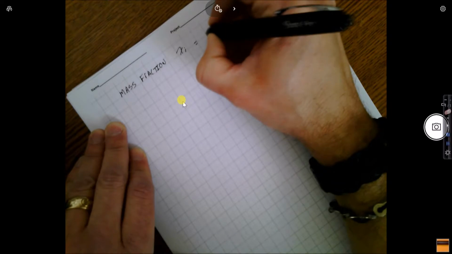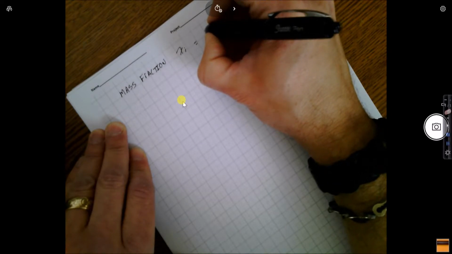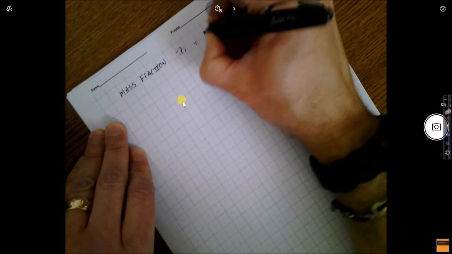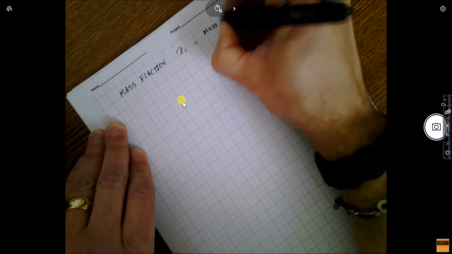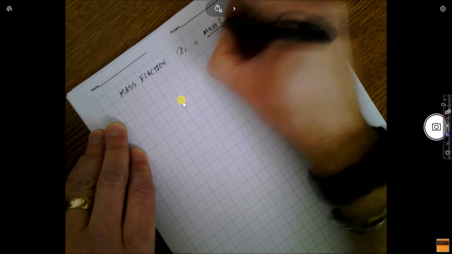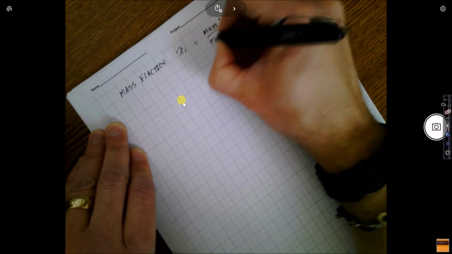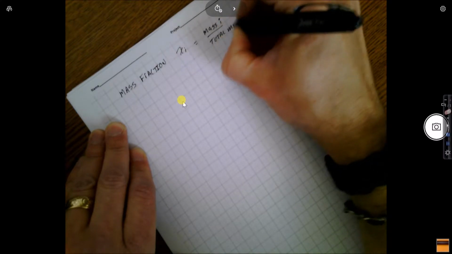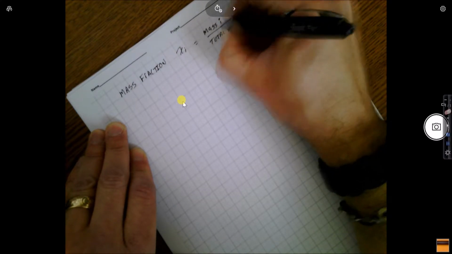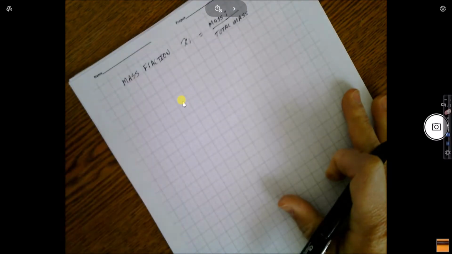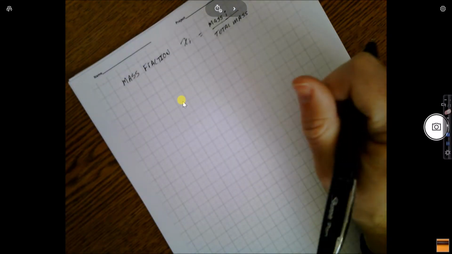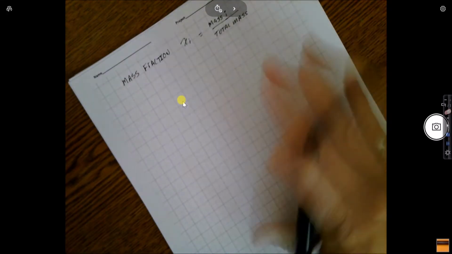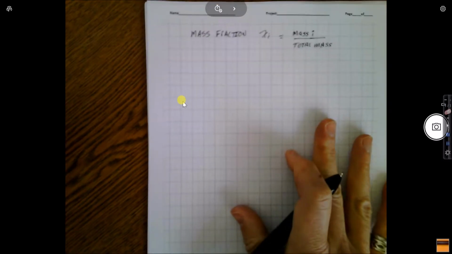Generally we write a general equation, and it is the mass of your species i over the total mass.